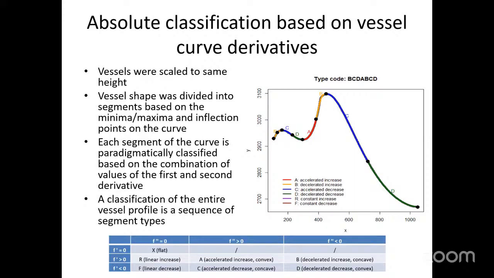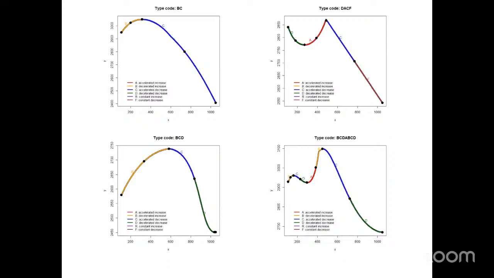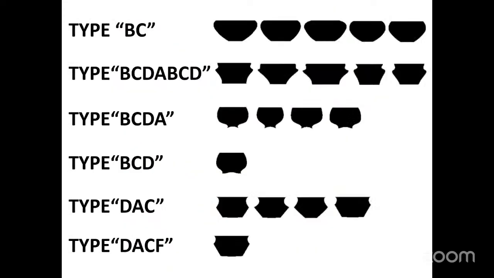It's a self-explanatory definition of a type because it tells you how the syntax of the vessel looks like. And so we applied this to these virtual vessels. These are just examples of how it's done. This is how the profile is segmented, and this is the code for each type that you get. And then we made our classification, and it looks like this.